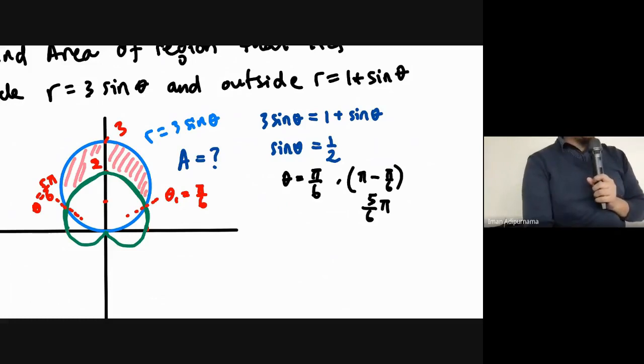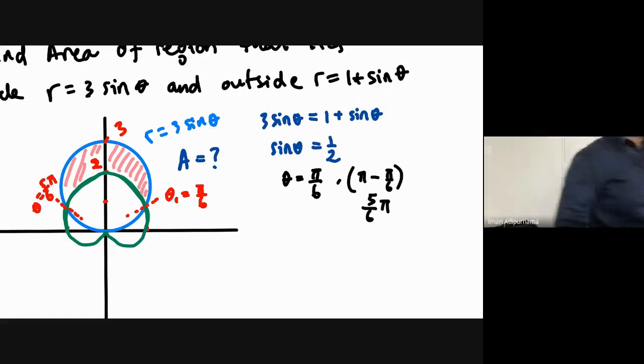But now, how do we write the integration? We can find, within the circle from pi over 6 to 5 pi over 6, this first curve minus the cardioid.